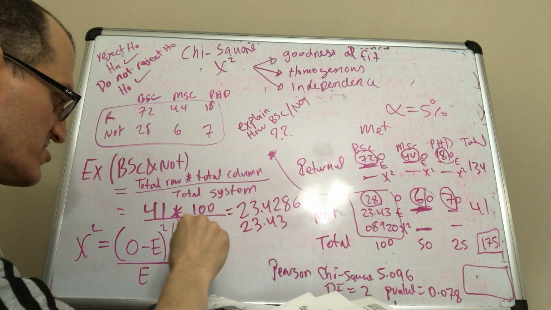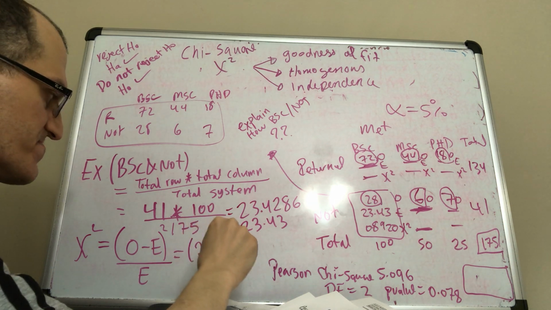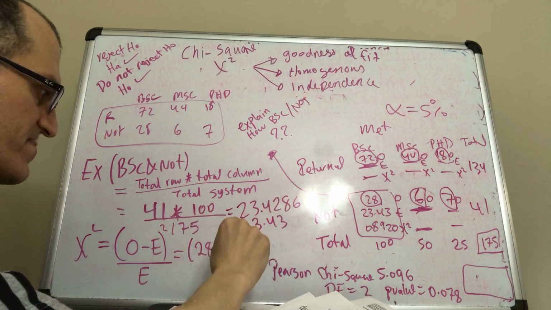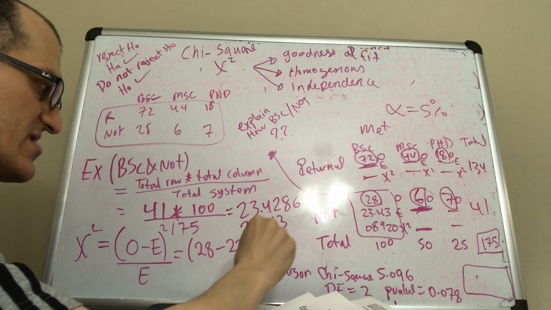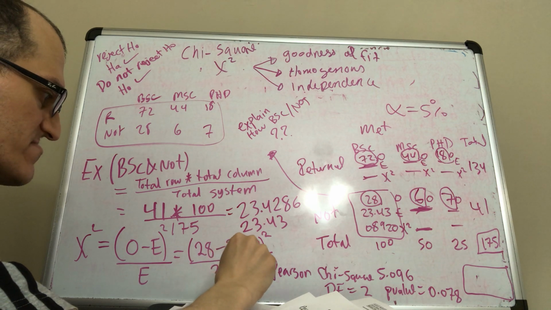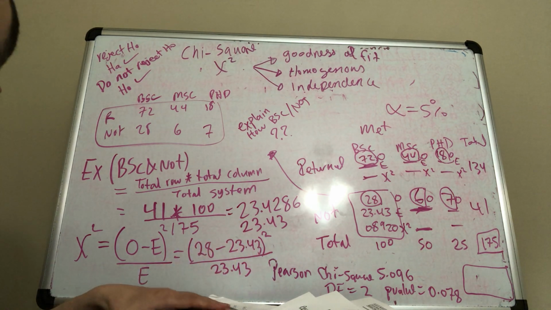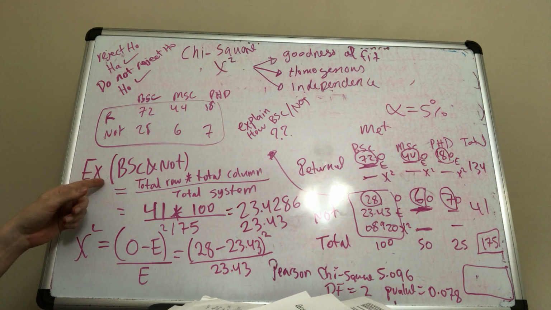The difference between observed and expected, you square this and you divide by the expected. And if you remember, that's exactly what we did for the goodness of fit, but expected is done a little bit differently.